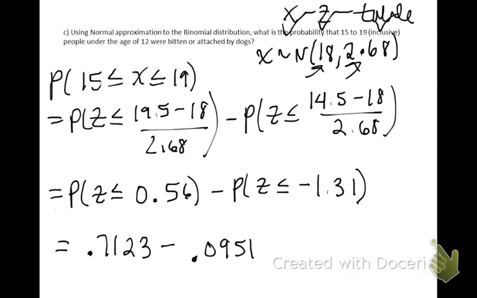The second probability turns out to be 0.0951, and when you subtract these, it equals 0.6172, or about 61.72%, so we'll say about 62%. So we know the probability that between 15 and 19 children being bitten or attacked by dogs is about 62%.